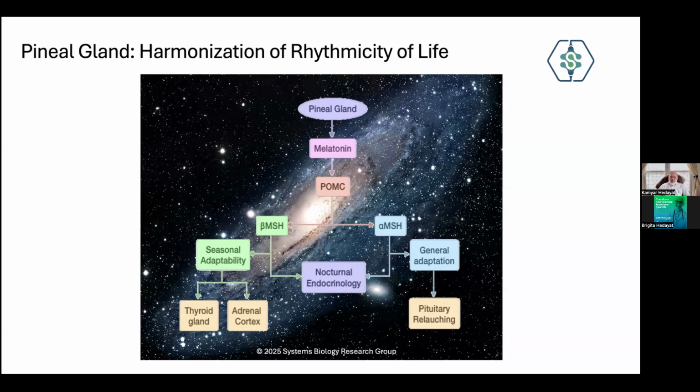So the harmonization of the rhythmicity of life depends on the pineal gland. And through melatonin and pro-opiomelanocortin, we have the production of the two melanocyte stimulating hormones, beta and alpha. And alpha MSH, which you'll learn in the course, is more closely associated with general adaptation and dealing with things like stressors, surgery, car accidents, etc. But beta MSH is going to be implicated in seasonal adaptability and how it affects the functioning of the thyroid and the adrenal cortex.